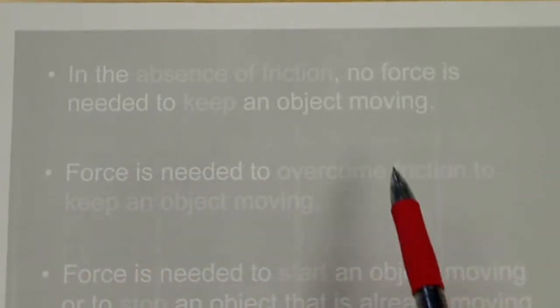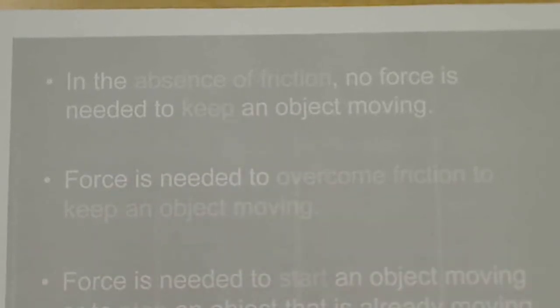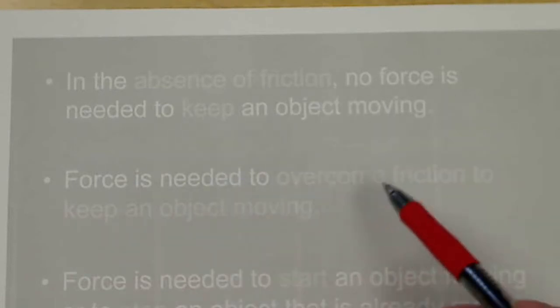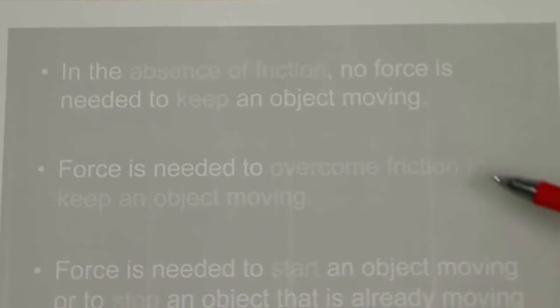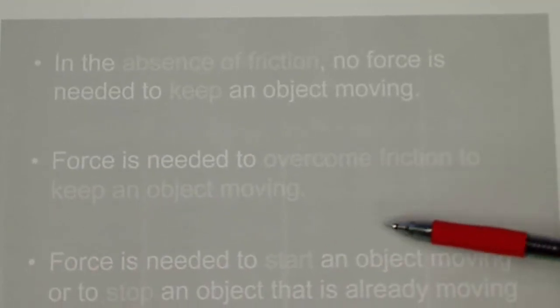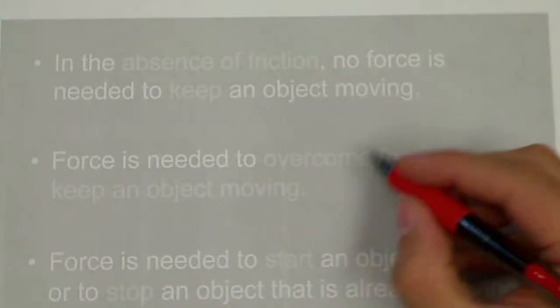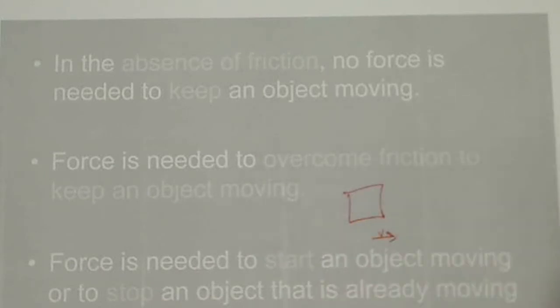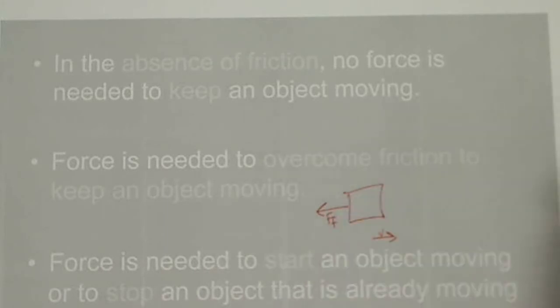Now this took a long time to formulate because it's hard to find the absence of friction. Here on Earth we'll always have friction because we're always moving around other stuff. If there wasn't friction, then no force would be needed to keep an object moving. It would stay in motion forever. So on Earth, force is needed to overcome friction to keep the object moving. So in a car on cruise control, let's say its velocity is this way, the friction is pulling it back, slowing it down.